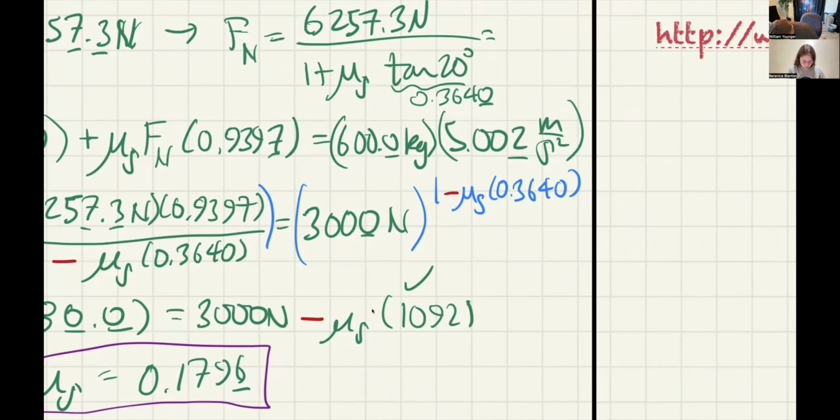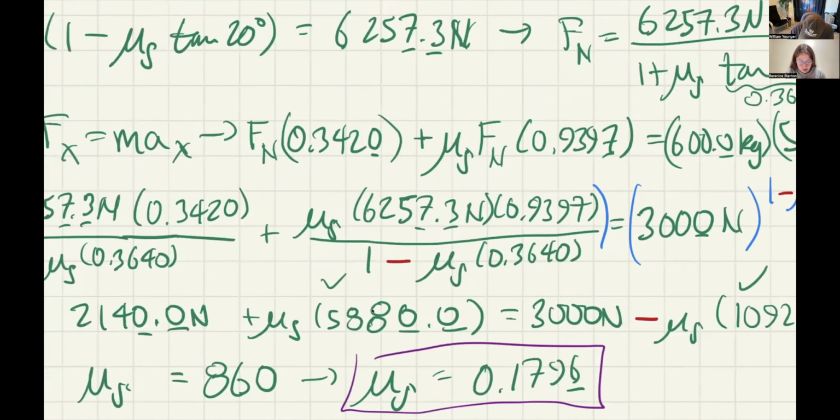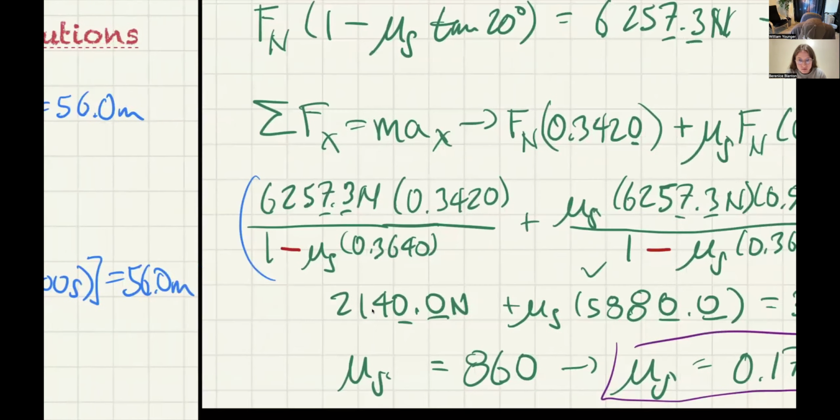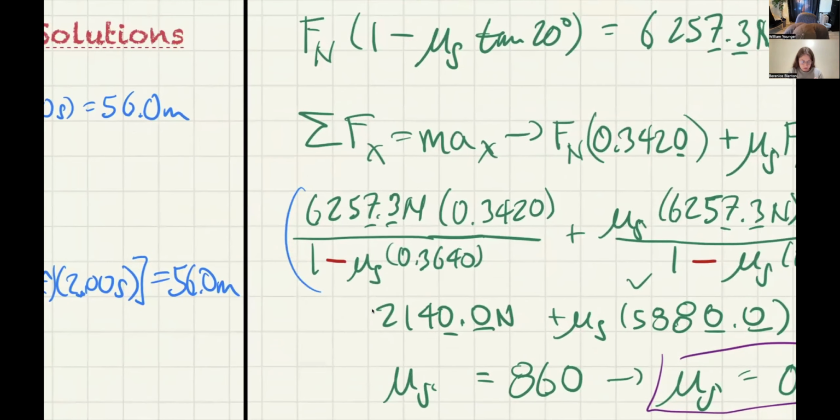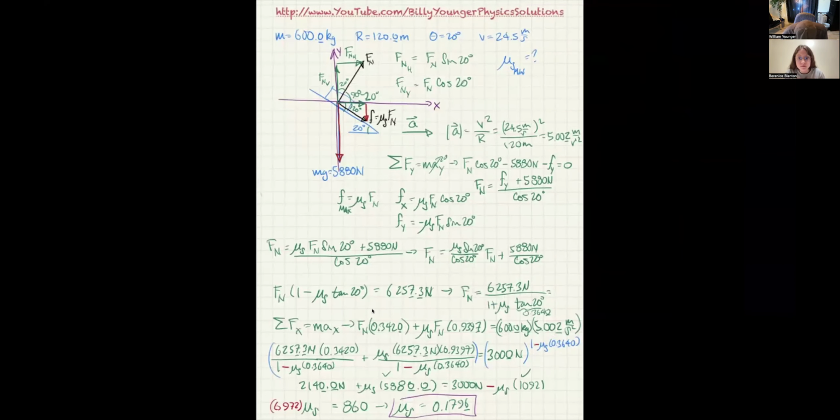That gives me 6972. So now if I take 6972 and divide 860 by it, that gives me 0.12, which was one of your answers.